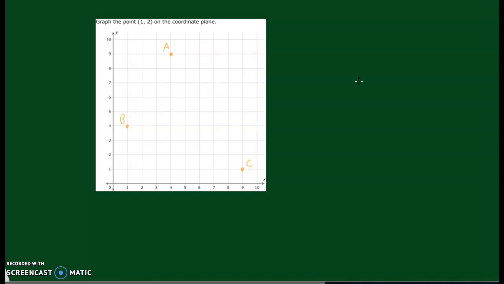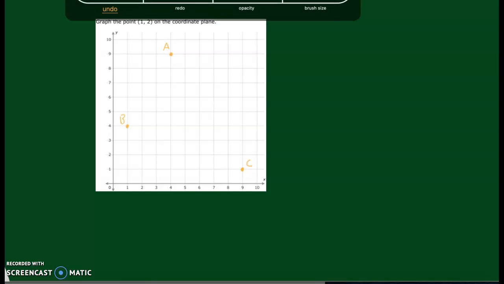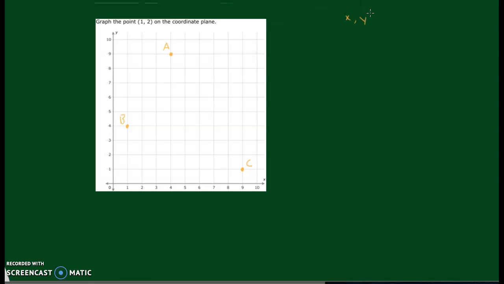Now, I need to list what the coordinates are. So A, starting at the origin, and this is the x-axis, so we go horizontally, and x, remember, is always the first coordinate, y is the second coordinate.